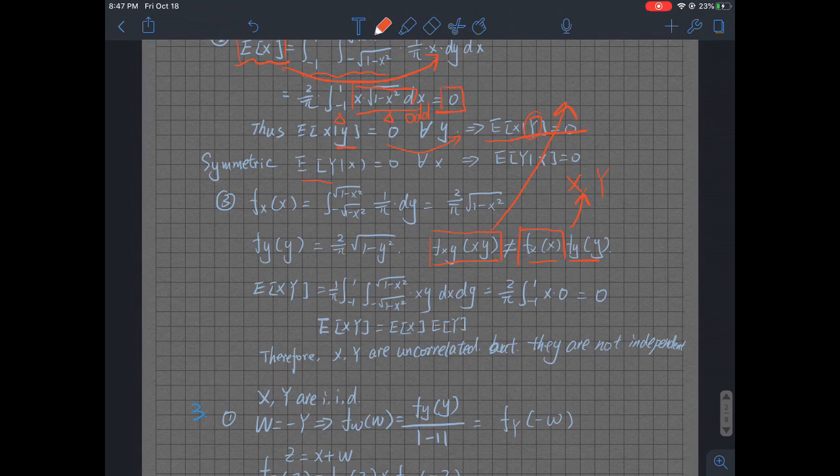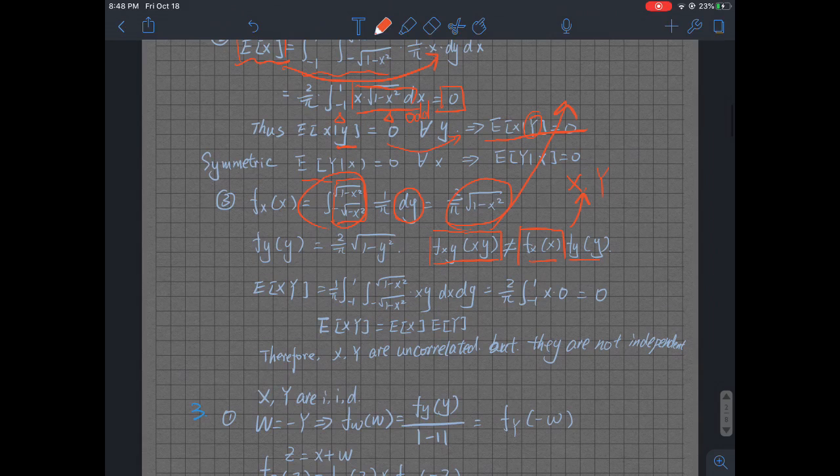And basically f(x) is just a marginal distribution. We just need to integrate with respect to y, then we can get the result, and we know that the scope of y given by x is this way.